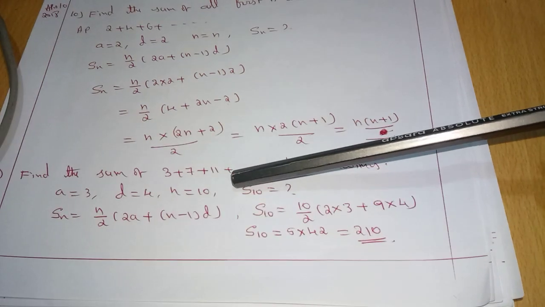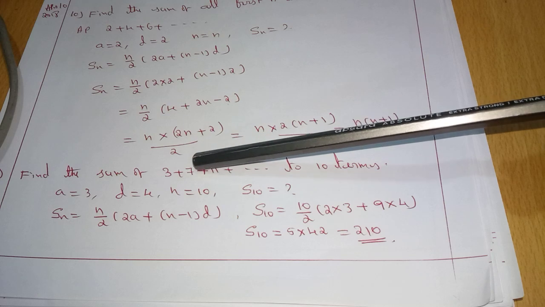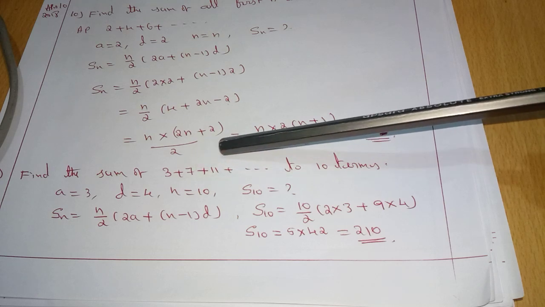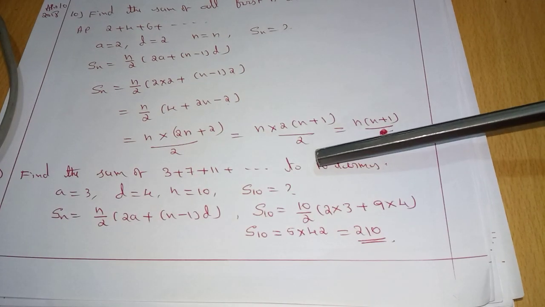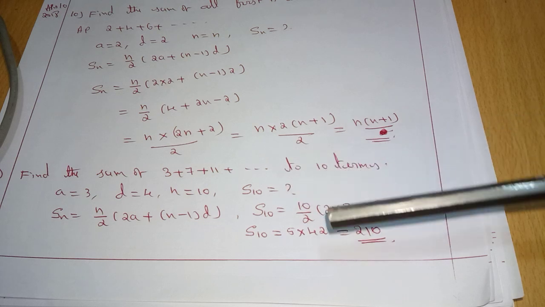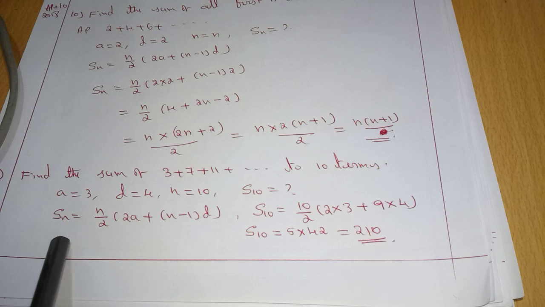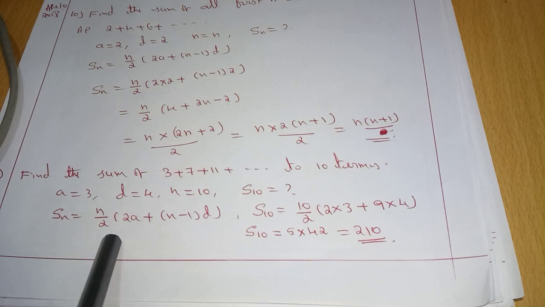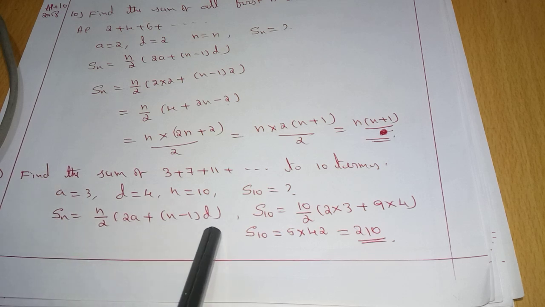Completed the first line. a is equal to 3, d is equal to 4, n is equal to 10. S10 is equal to how much? Then everyone completed the formula. Sn is equal to n by 2 into 2a plus n minus 1 into d.